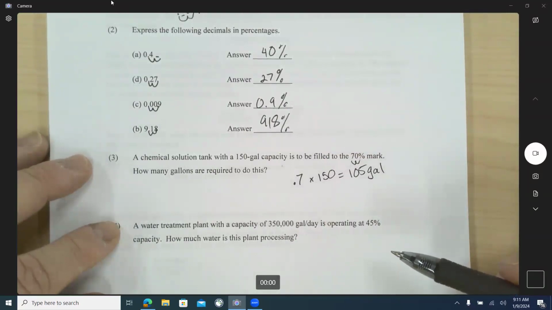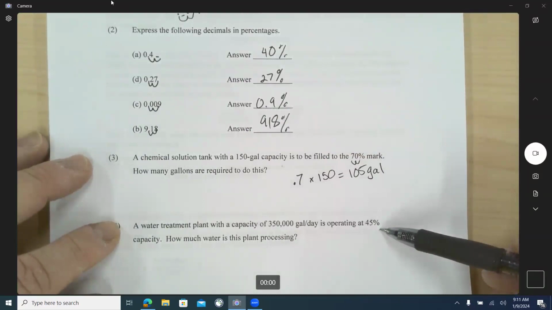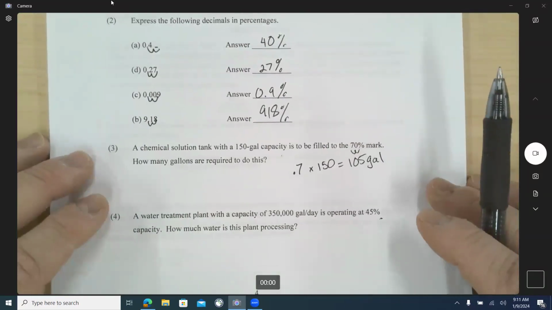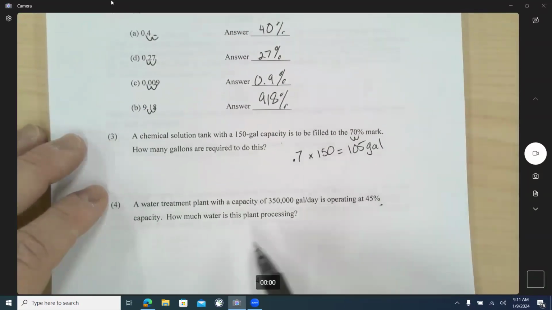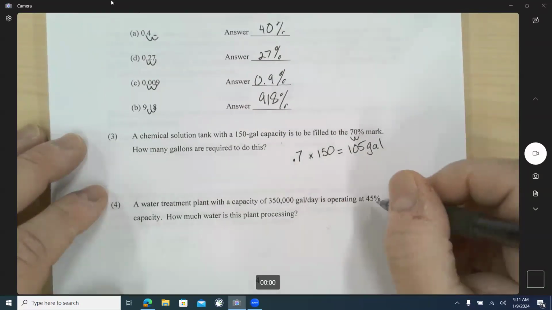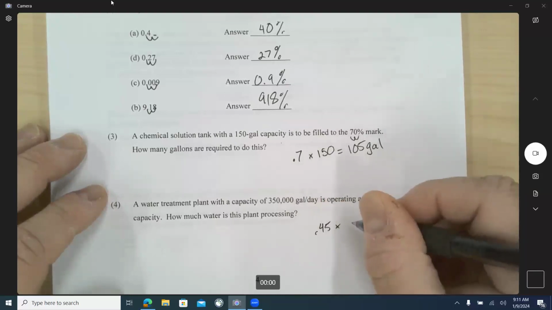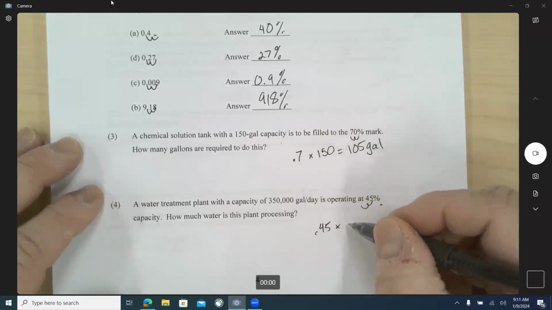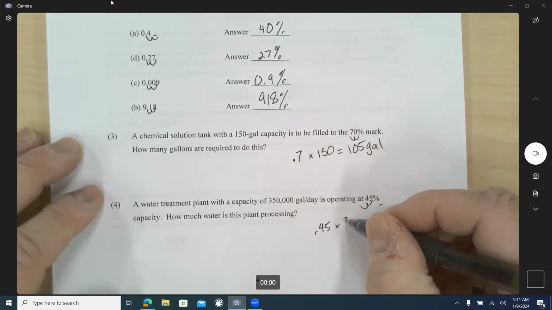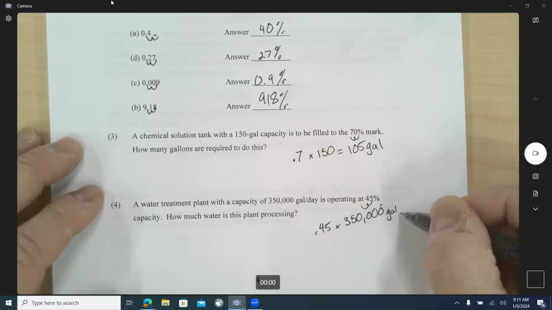A water treatment plant with a capacity of 350,000 gallons per day is operating at 45% capacity. How much water is the plant processing? So is this percent of? It is. So it's going to be 1, 2 here, give me 0.45. Multiply by 350,000 gallons per day.